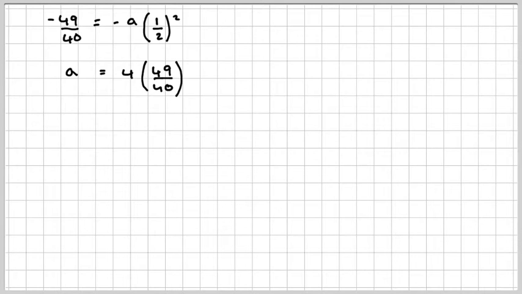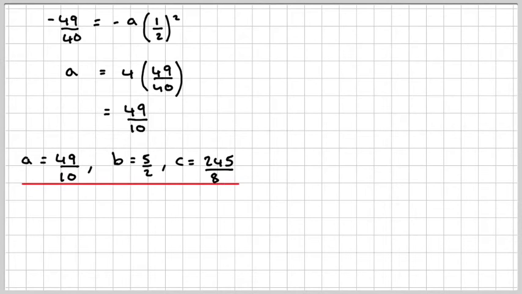Rearranging that gives me that a is equal to 4 times 49/40, which gives me 49/10. So we get that a is 49/10, b is 5/2, and c is 245/8. This one we were given the answer.